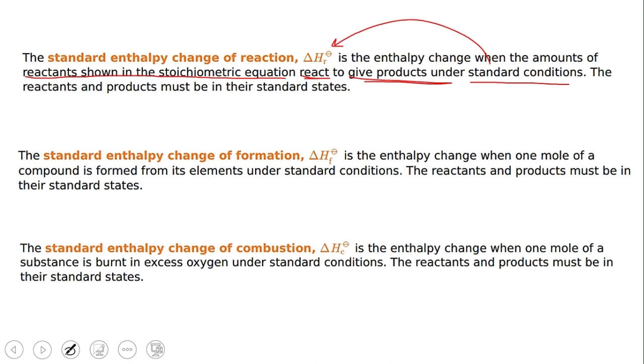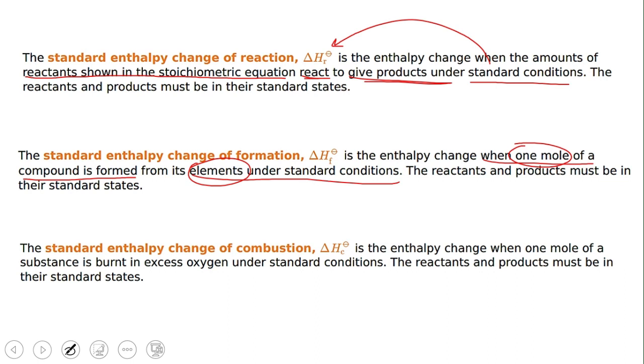Okay, then enthalpy change of formation. Enthalpy change of formation means when one mole of a compound is formed, just one mole of the product is going to form from elements under standard conditions. This is very important: for formation, the starting reactants should always be elements.